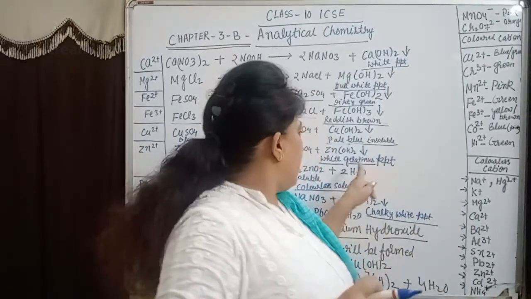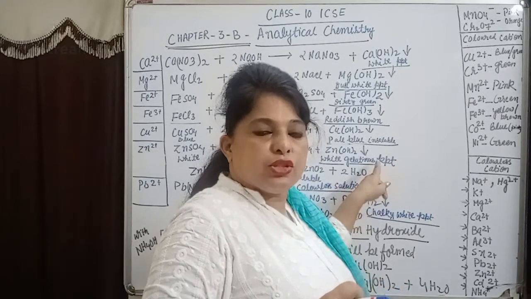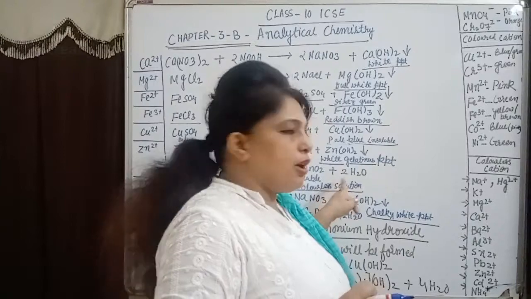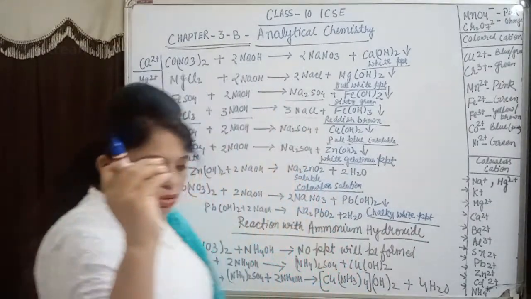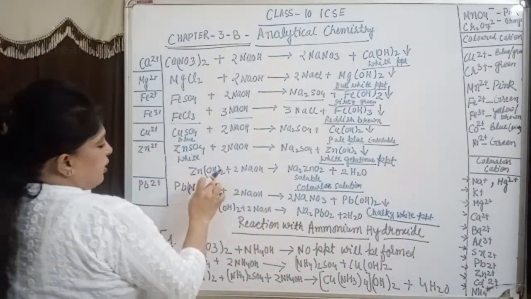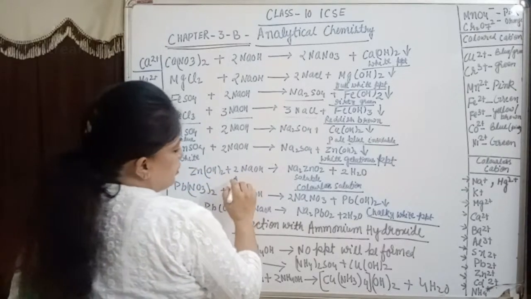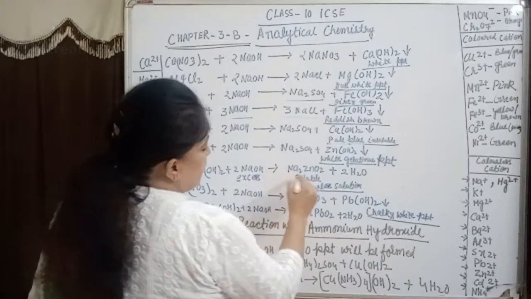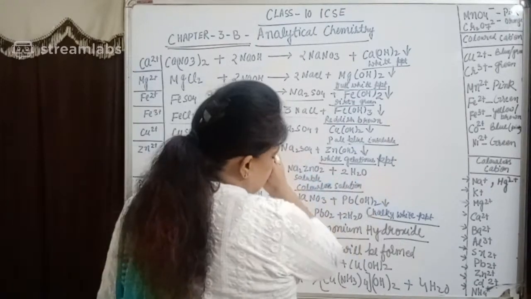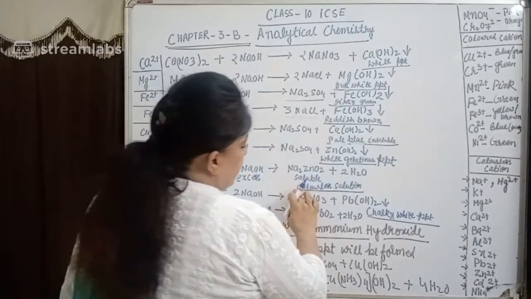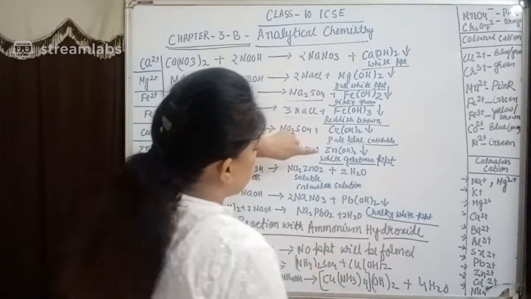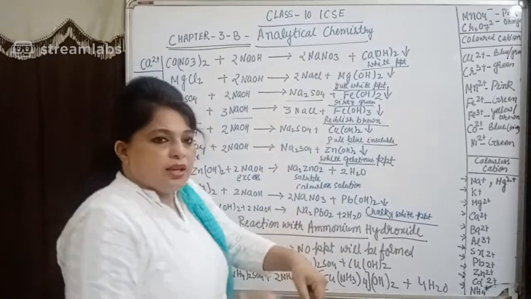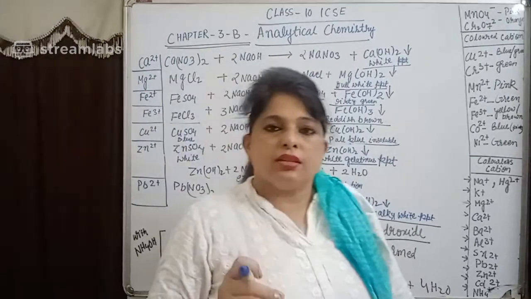So Zn(OH)2 plus 2NaOH in excess gives Na2ZnO2 plus H2O. And this is a colorless solution. It means you can see the change from white gelatinous precipitate to colorless solution. This proves the presence of zinc sulfate.